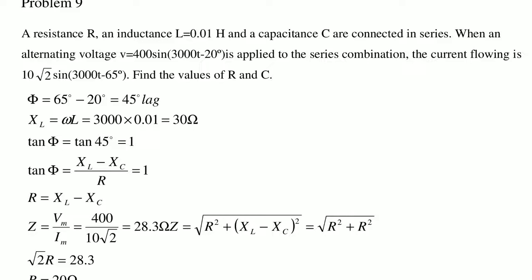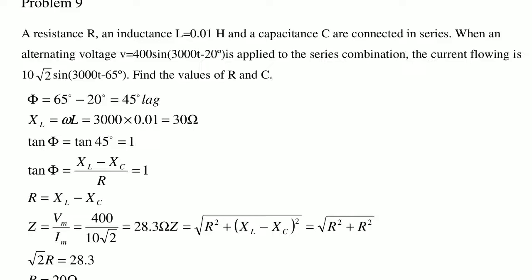When an alternating voltage V is 400 sin 3000 t minus 20 degrees applied, here we observe that the alternating voltage V is equal to Vm sin omega t minus phi. Vm is given, not Vrms. 400 volts is Vm, not Vrms. Vrms is equal to Vm by root 2.